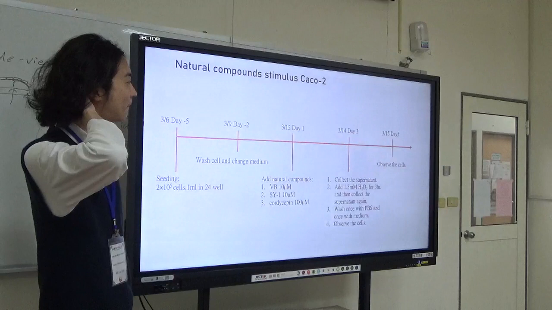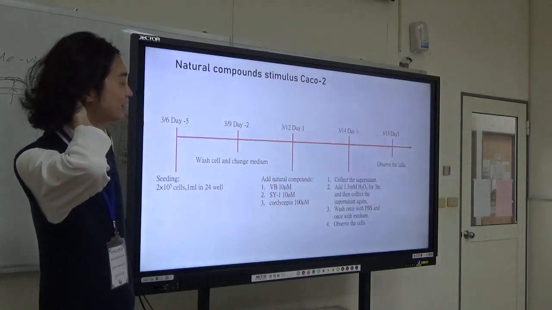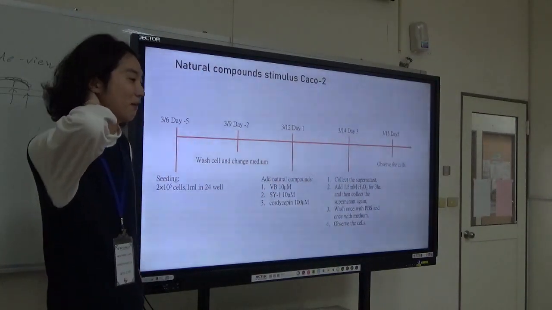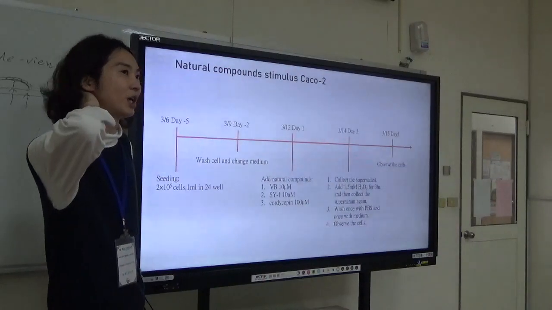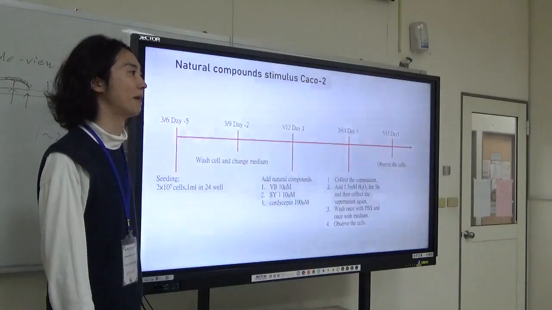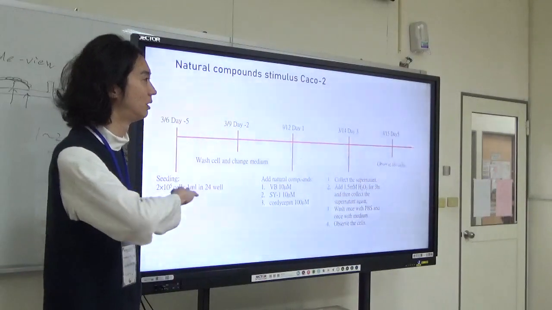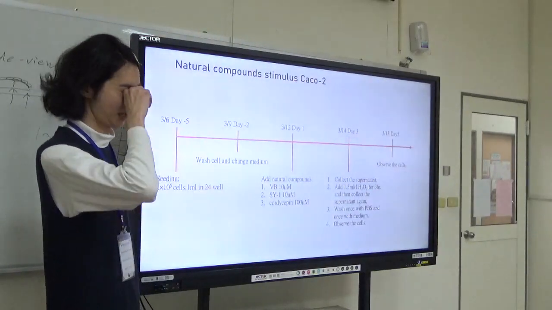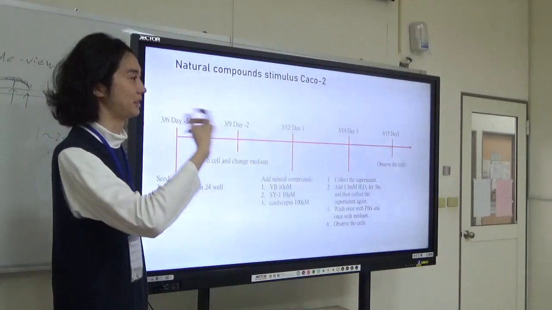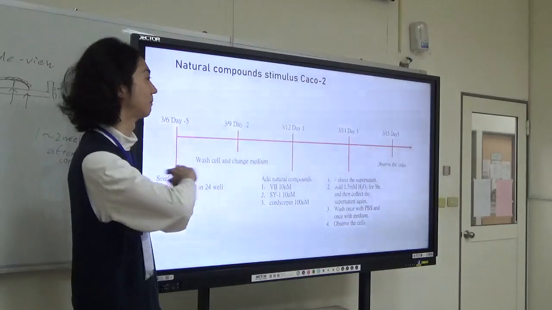Caco2 cells are a little bit mysterious cells, because they are epithelial cells, but they cannot secrete laminin, so they cannot make a basement membrane by their own. Typical epithelial cells can secrete laminin and some collagen type 4, so they make a basement membrane.